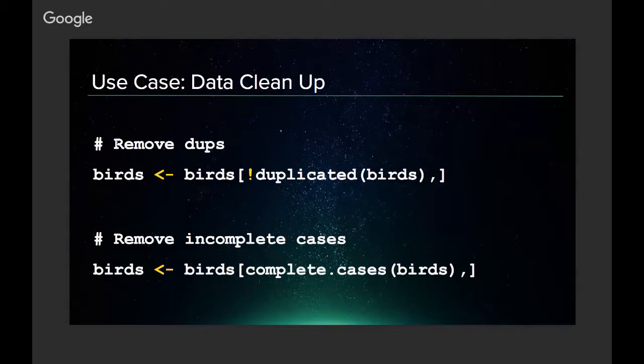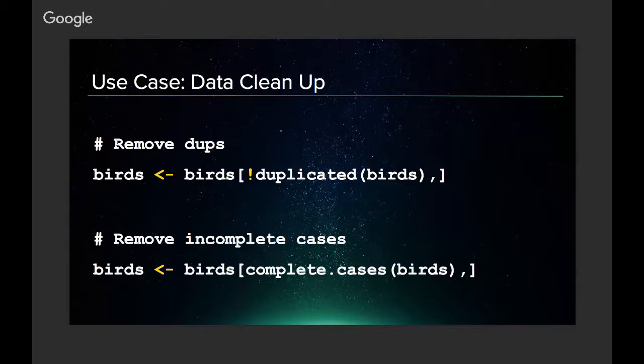Other common things that we come up against are duplicates in our data set or incomplete cases. Some of the modeling routines that I use, like random forest, will bomb if I give them any missing data. Other packages can handle that.